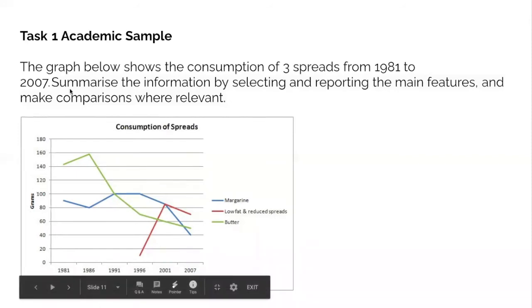There are 3 different things here: margarine, butter, and some kinds of low-fat spreads. You can see the consumption in grams, and then you can see the years. The task says, you can read the task, the graph below shows the consumption of 3 spreads. You have to summarize the information by selecting and reporting the main features and make comparisons where relevant. Comparisons between these 3 trends.